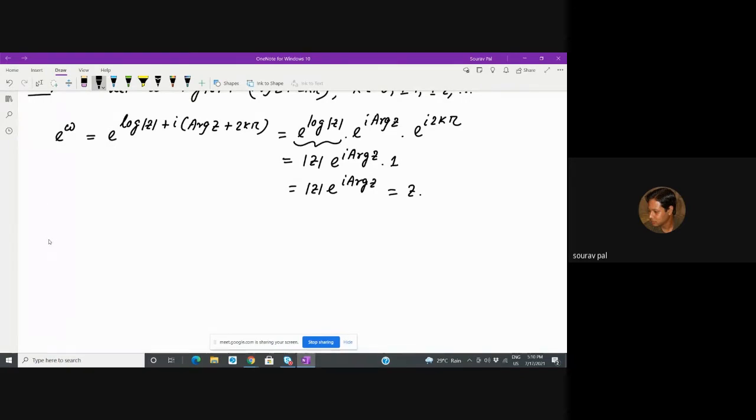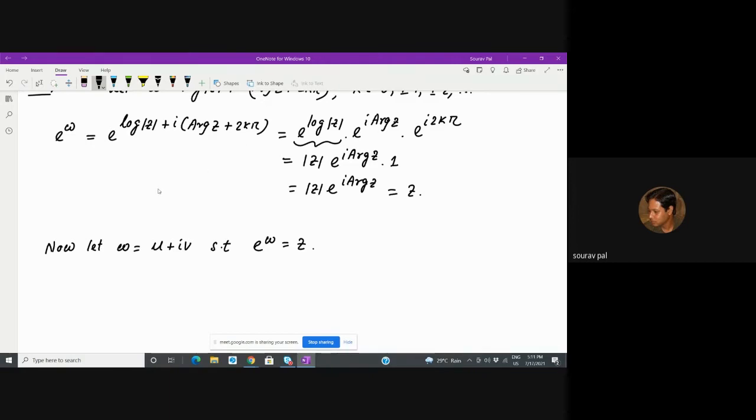Let W be u plus iv such that e to the W equals z. Now we show that W actually has this form, log mod z plus i arg z plus 2k pi. This can be verified very easily.